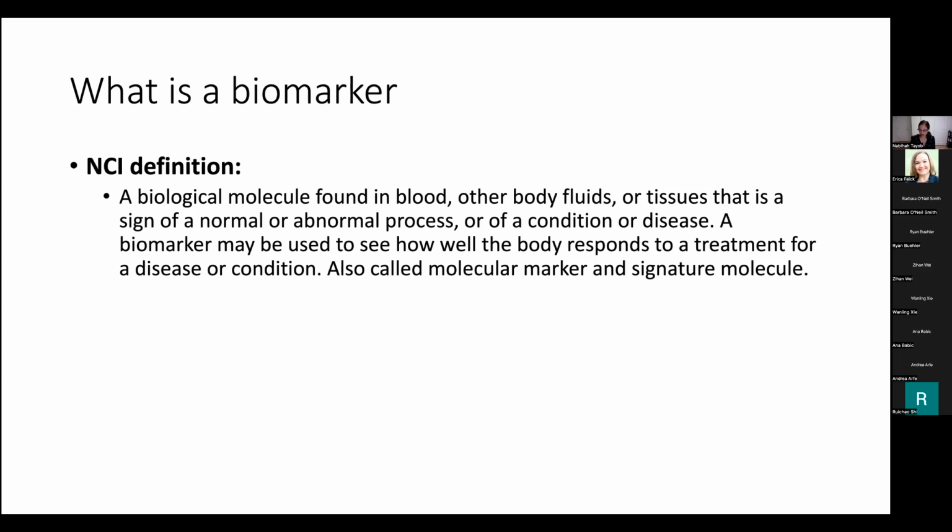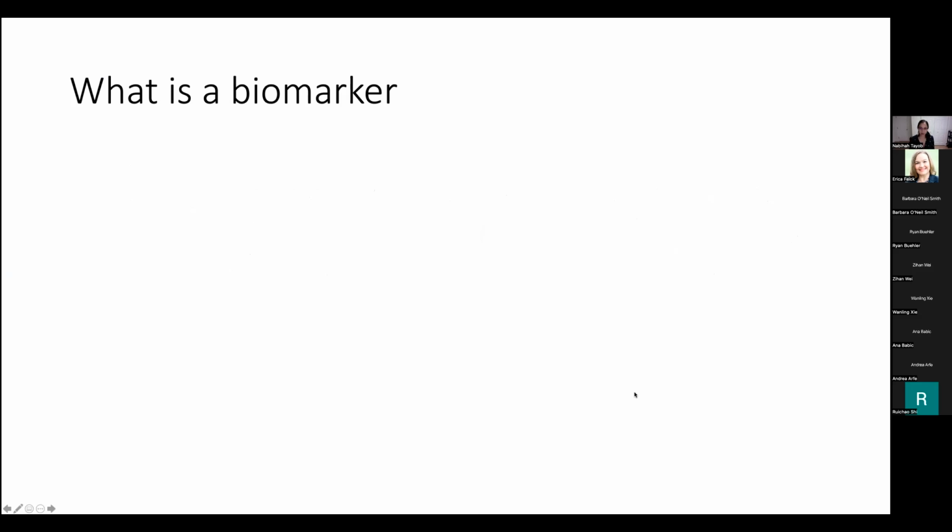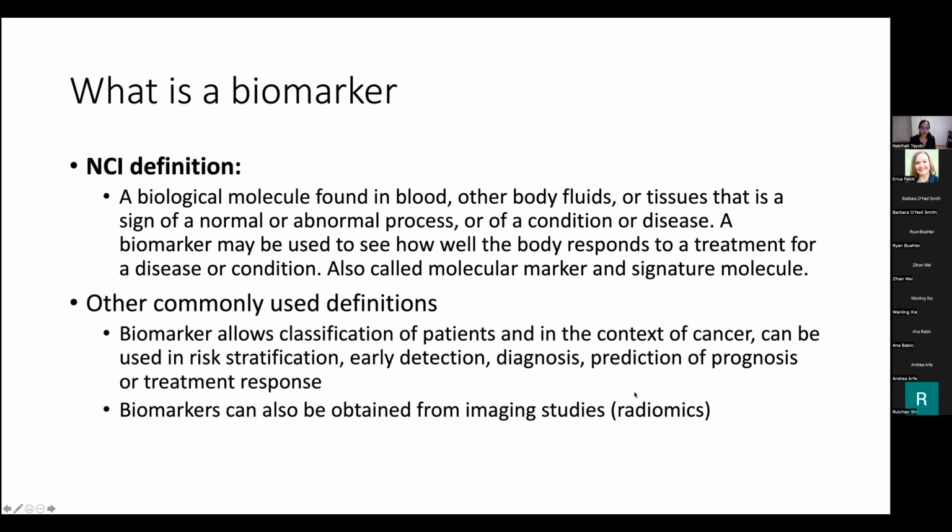I would say that, to me, I think of a biomarker a little bit more generally as basically anything you can measure in a patient that will allow the classification of the patients. In the context of cancer, we can think of biomarkers for risk stratification, early detection, diagnosis, prediction, prognosis, treatment response. I would also argue that we don't just say something that's measured in blood or fluids. You could have biomarkers from imaging studies.